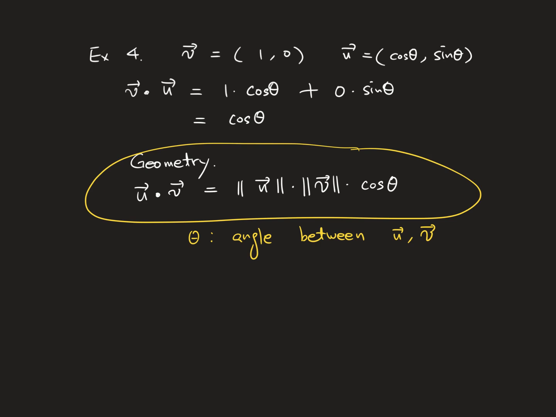If you learn machine learning or deep learning, you know we represent the data using a vector, but in many cases we want to measure the similarity or the difference. So if you want to measure the similarity, in many cases you use a cosine similarity, that is this one.